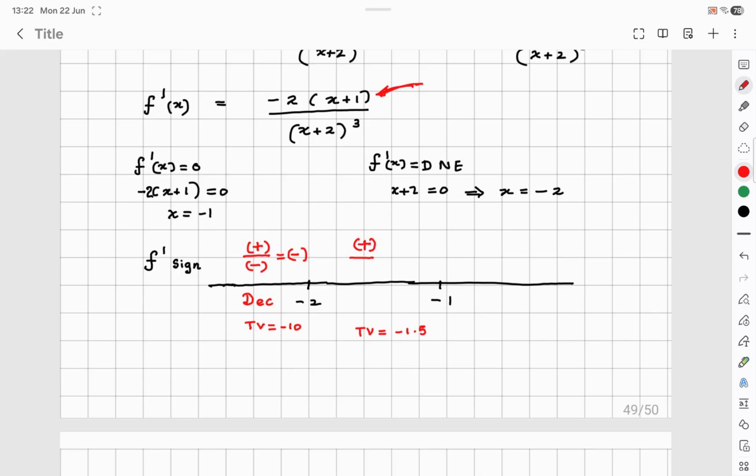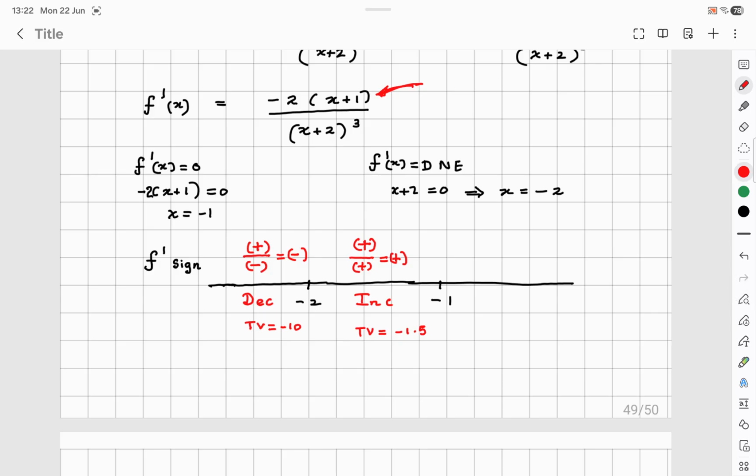Then minus 1.5 plus 2 is 0.5, so the denominator is also plus, so the total is plus. So the final sign is plus for the derivative in the middle interval. So this is increasing between minus 2 and minus 1.